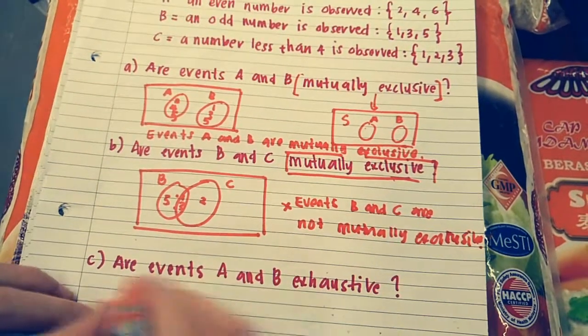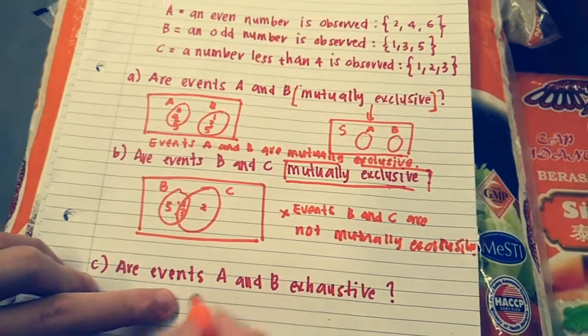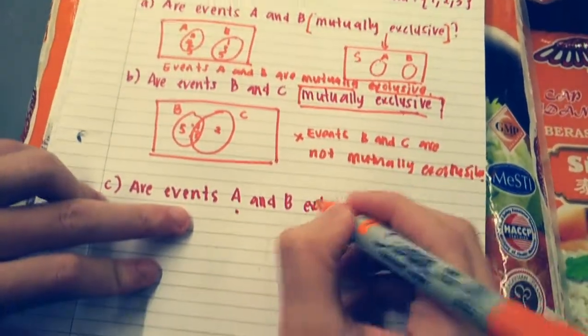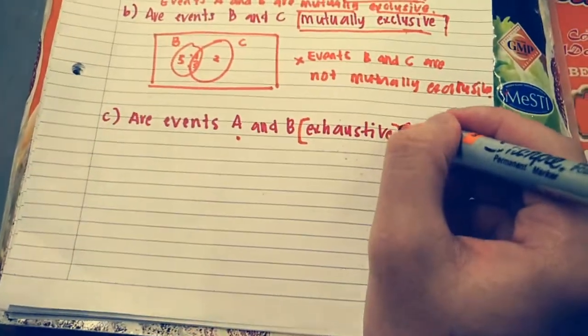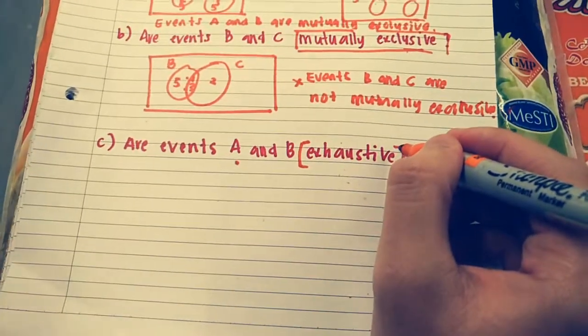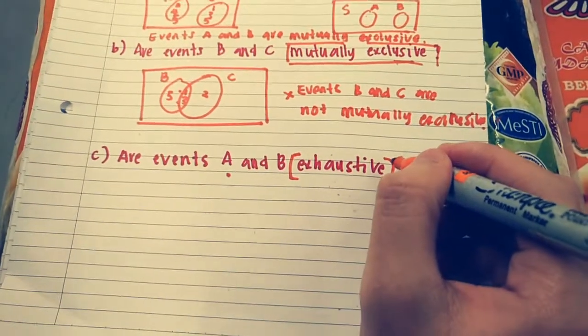Next, the last question: are events A and B exhaustive? Do you know what exhaustive is about? Exhaustive is a set of events whose union covers the sample space.